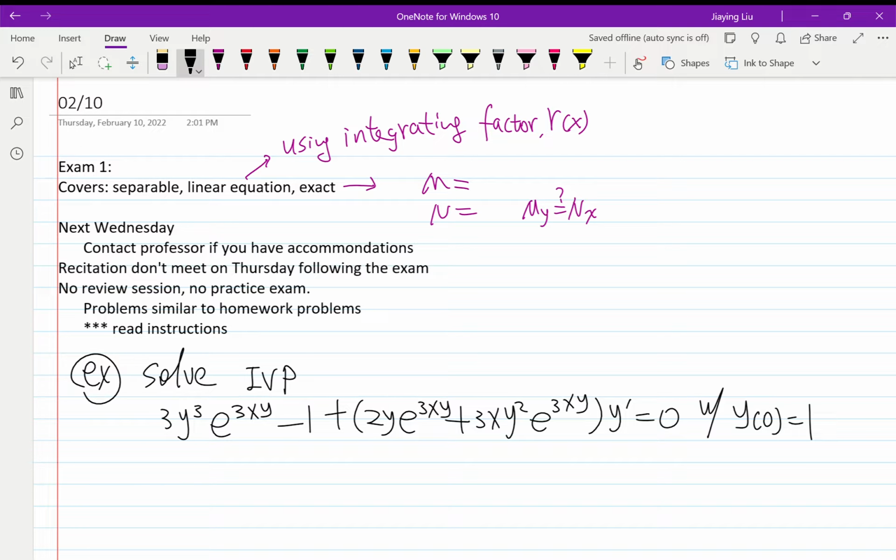So this is the exact equation. Well, I shouldn't say it's the exact equation, but we're going to use the technique of exact equations. So the first step, we still need to check whether it's exact.